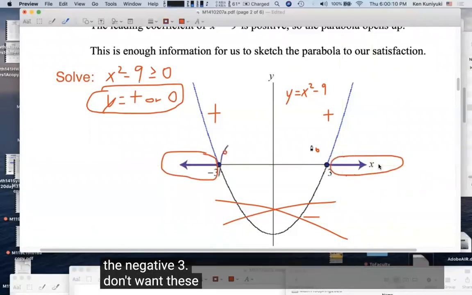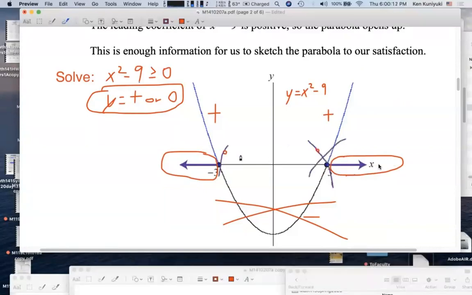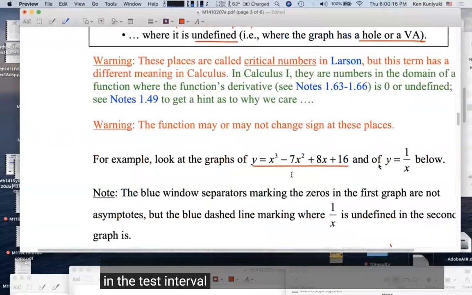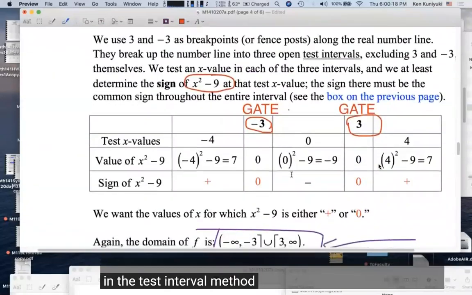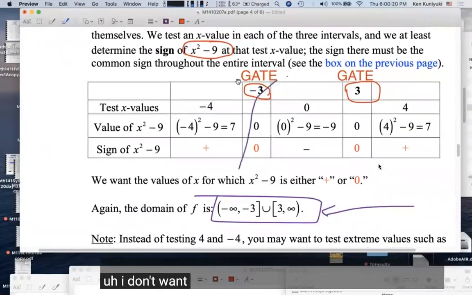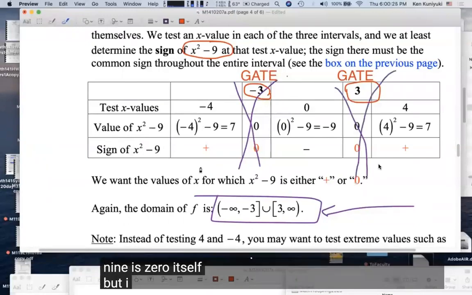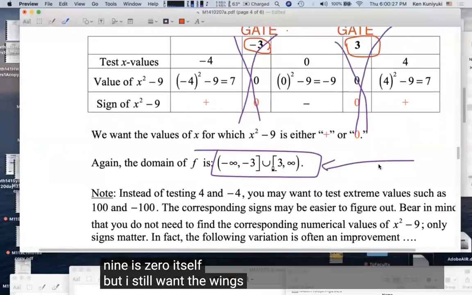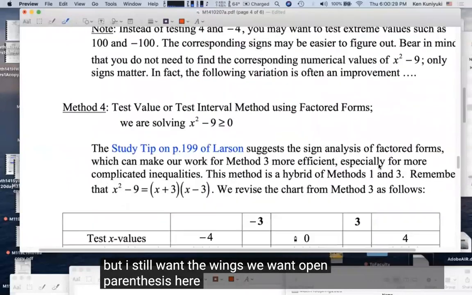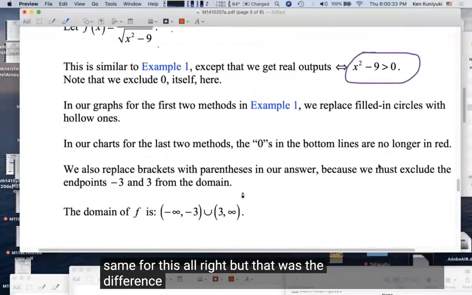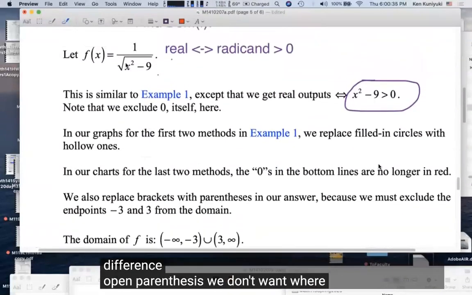Don't want these. In the test interval method, I don't want where x squared minus 9 is 0 itself. But I still want the wings. We want open parentheses here. Same for this. All right. But that was the difference. Open parentheses. We don't want where the radicand is 0.